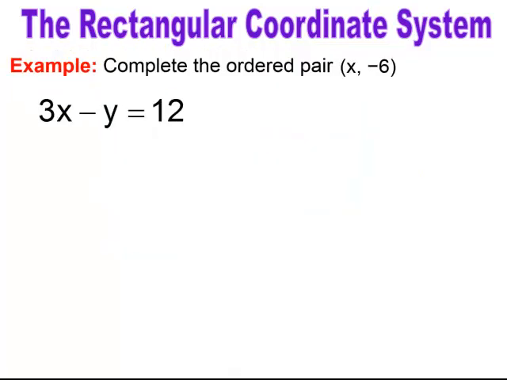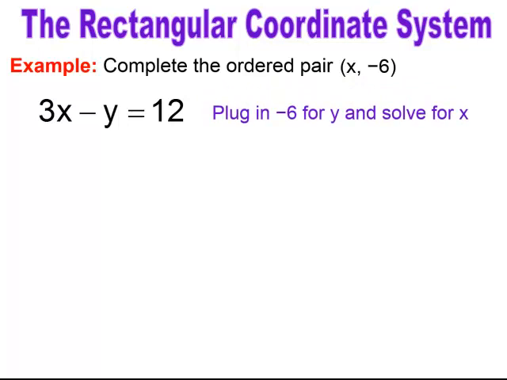When we're asked to complete an ordered pair, you're using evaluation to solve for the missing variable. Remember, an ordered pair is always an x value first and then a y value. In this case, I'm given a variable in the x spot and a value for y. So to find the variable x, I have to substitute the given y into the equation.